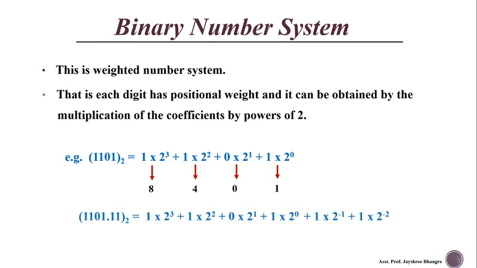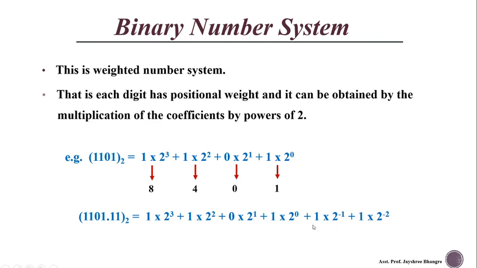Again here a fractional number is given and we can also represent this number by its positional weights. So this is nothing but the binary point, as in decimal it is called the decimal point. In the binary number system, this point is called the binary point. This is the fractional part. So the powers of 2 will increase negatively from left to right.